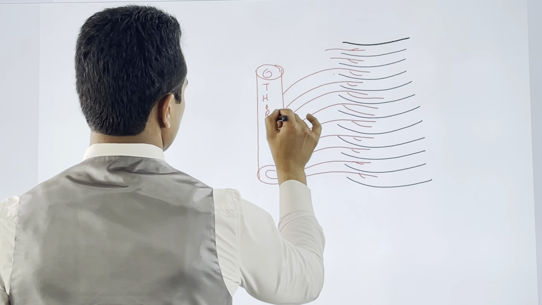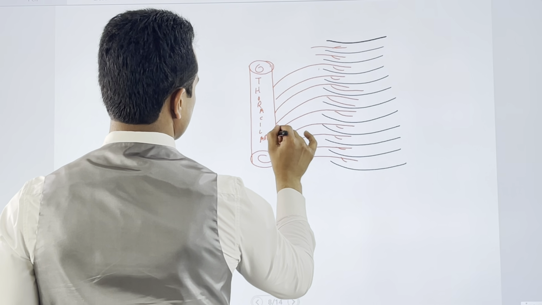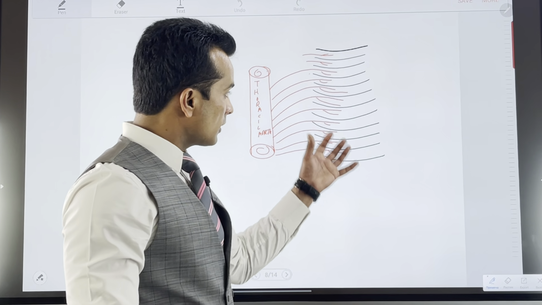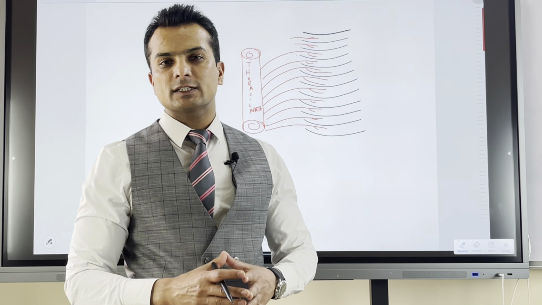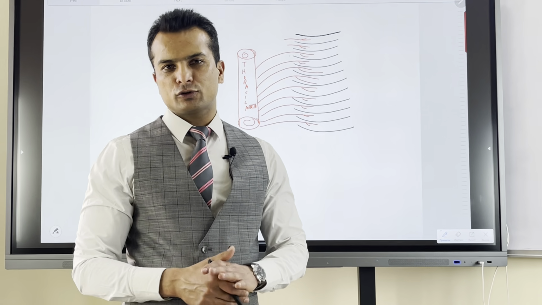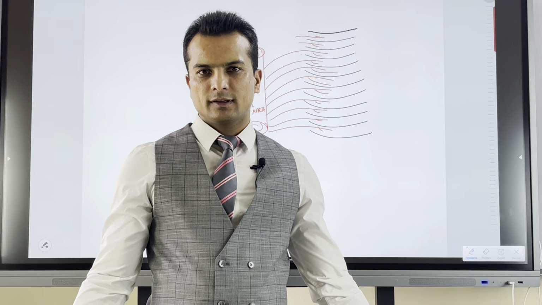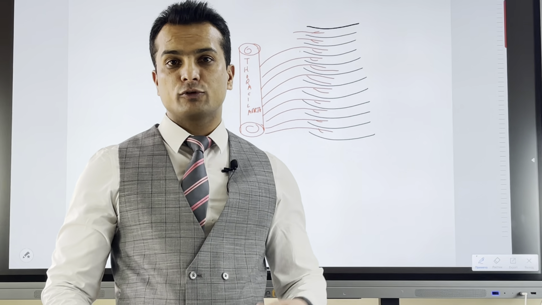This is your thoracic aorta. So the lower 9 posterior intercostal spaces receive blood supply from posterior intercostal arteries, and these are branches of the thoracic aorta. So this is the blood supply of the anterior chest wall and posterior chest wall.